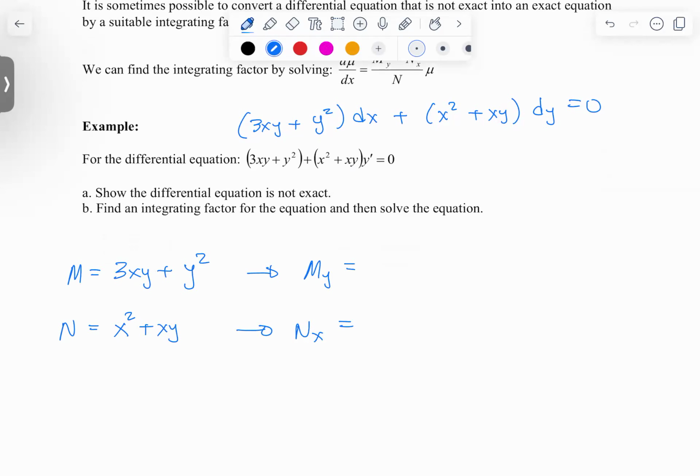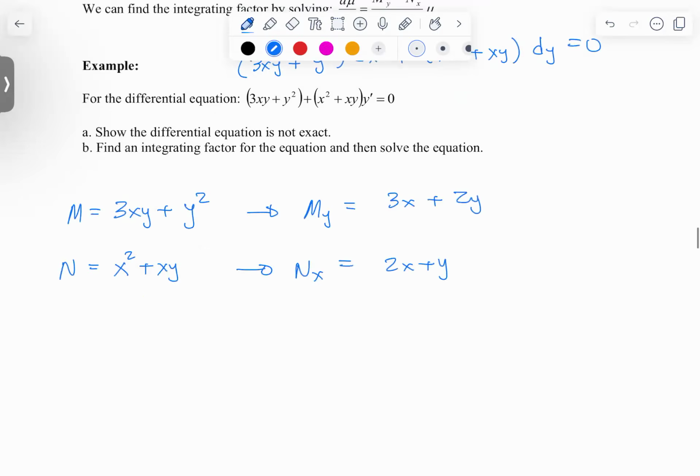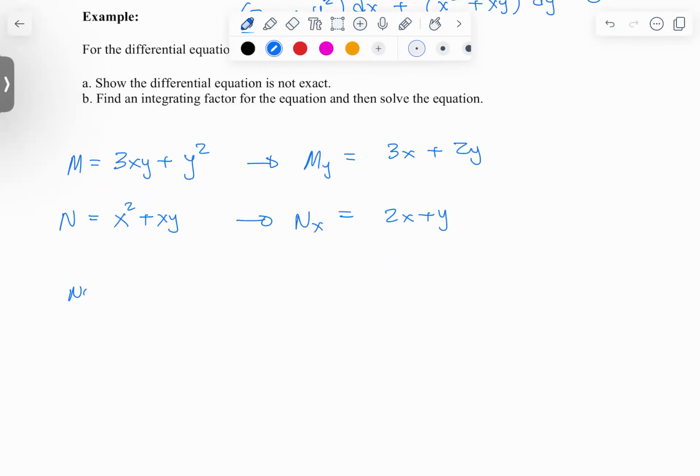With respect to y, 3xy plus y squared, what does this become? 3x plus 2y. With respect to x, x squared plus xy gives you 2x plus y. Are these the same? No. And I think that's enough where I didn't write them down wrong or mess up. Not exact.